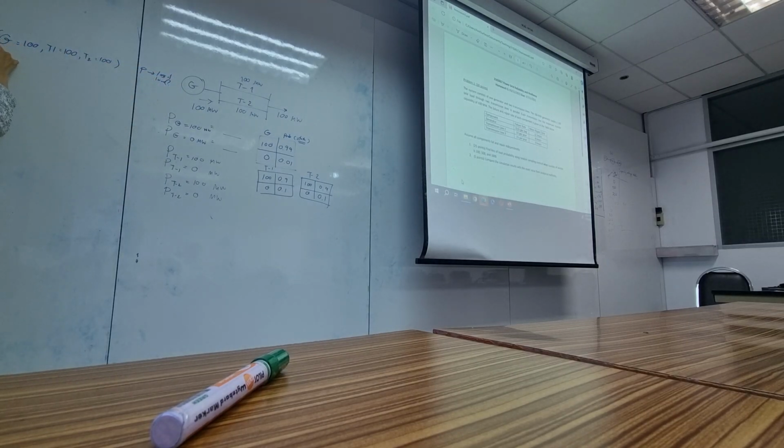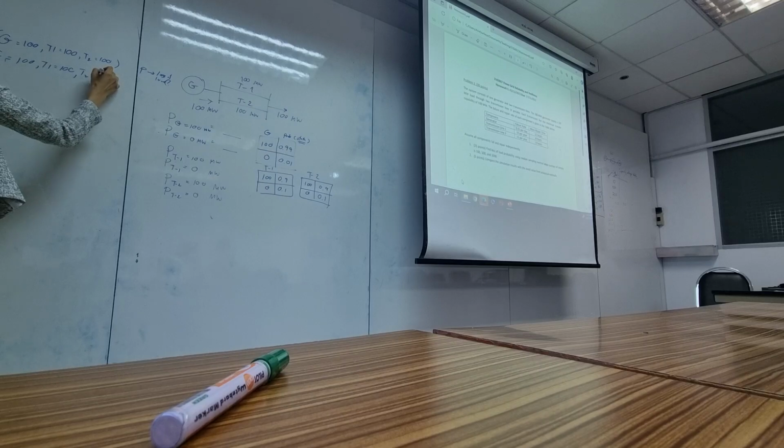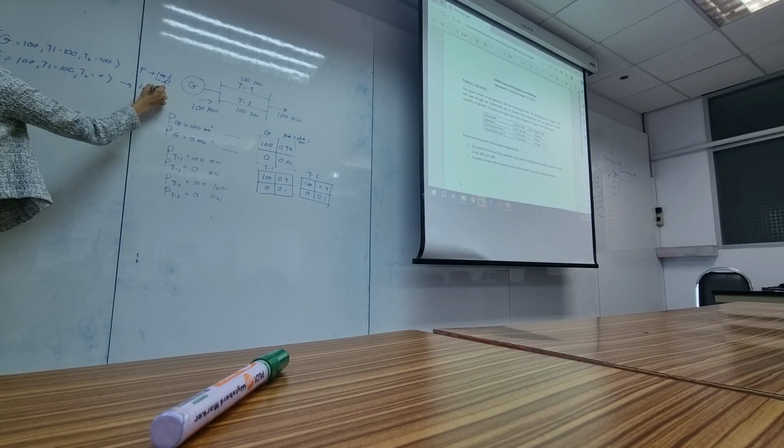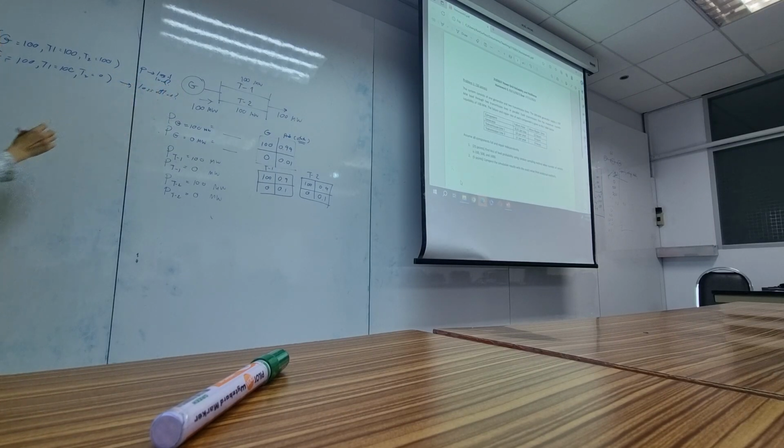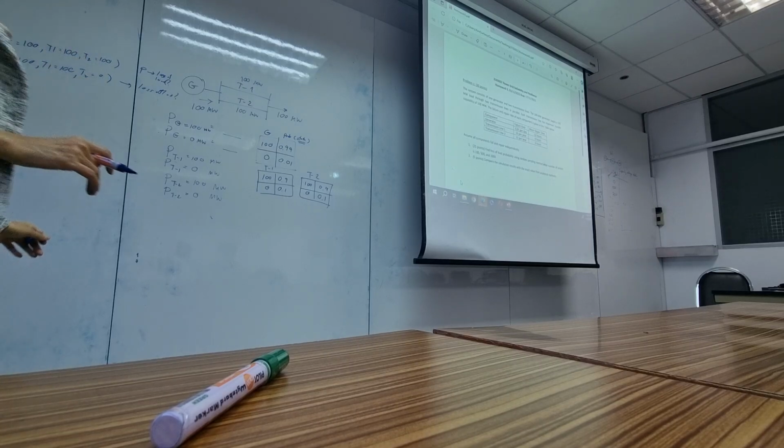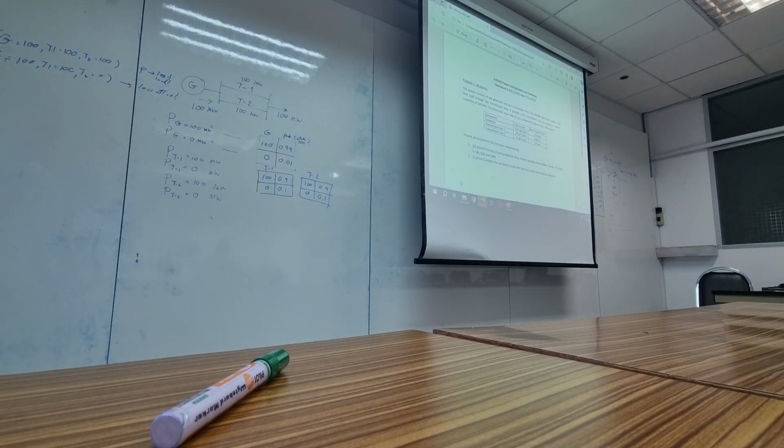And then the second case, G equals to 100, T1 100, T2 0. Loss of load. Right? And then go on. You have only 8 states. So you can calculate this in an analytical way. This is what I mean by analytical. Add the probability. That's it.